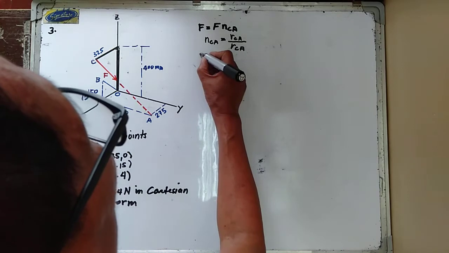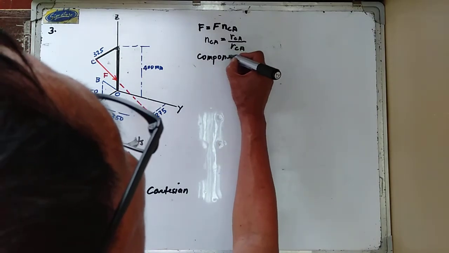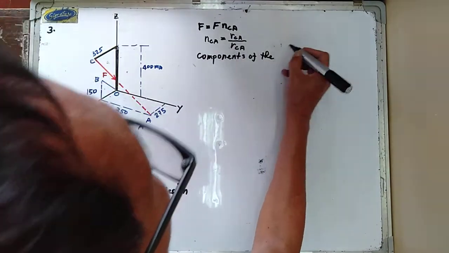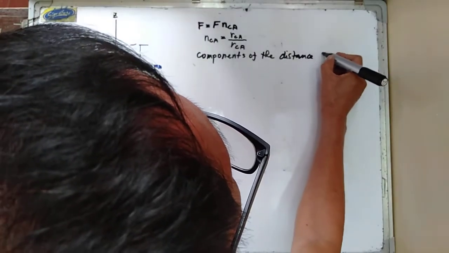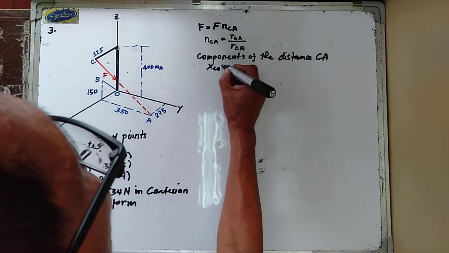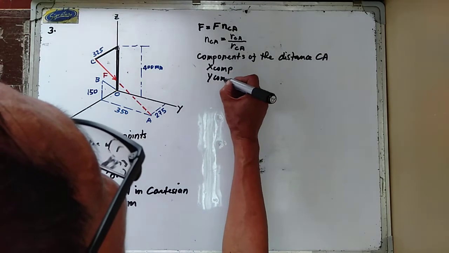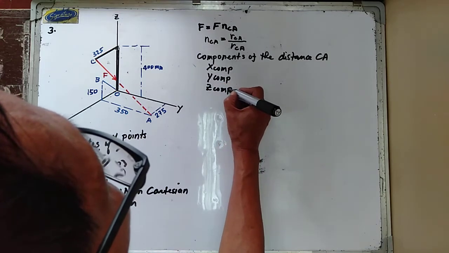Now, let us try to determine the components of the distance CA. We have your x component, your y component, and your z component.